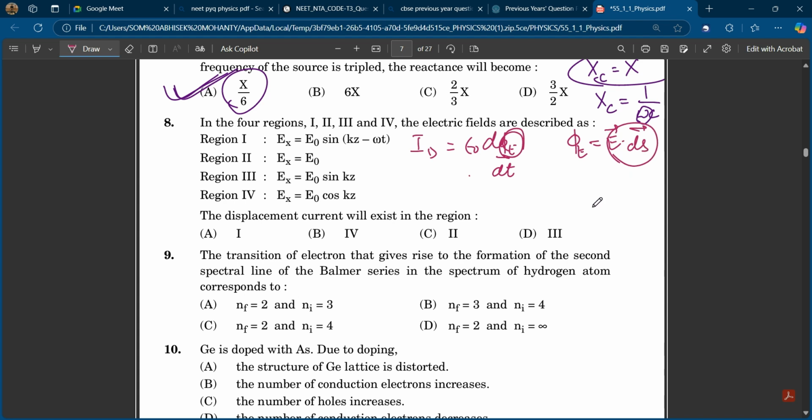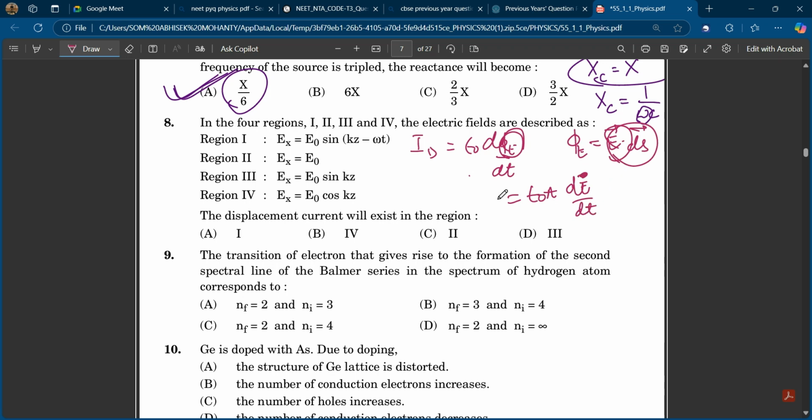Suppose the area is constant, so this becomes epsilon naught A dE by dt.